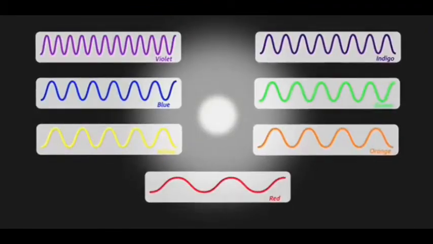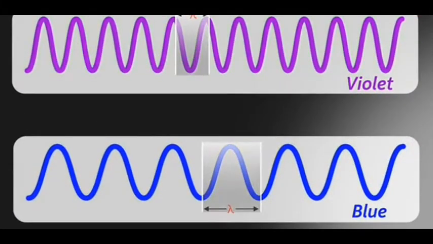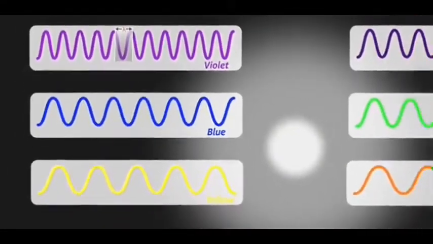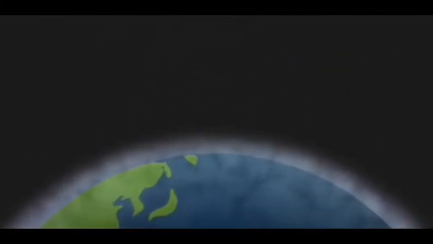The white light coming from the sun is a mixture of 7 primary colors, and each colored light has a corresponding frequency and wavelength associated with it. The violet colored light has the shortest wavelength of all, while the red one has the largest. And what forms the Earth's atmosphere?